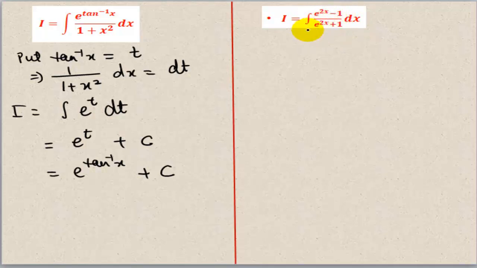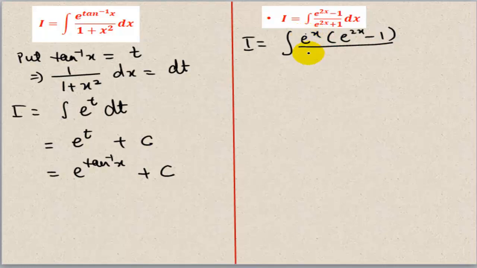A part can be its derivative but not the entire numerator, and vice versa. So what we do, we first make slight changes in the integral. Suppose I take e to the power x, or let us say multiply and divide the given integral with e to the power x, or we can take e to the power minus x also.